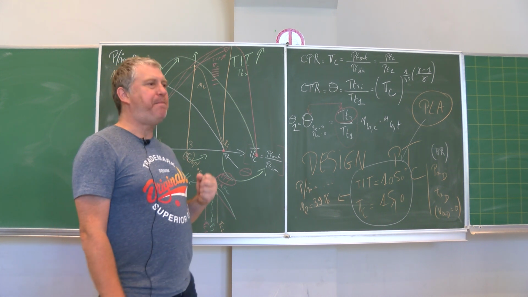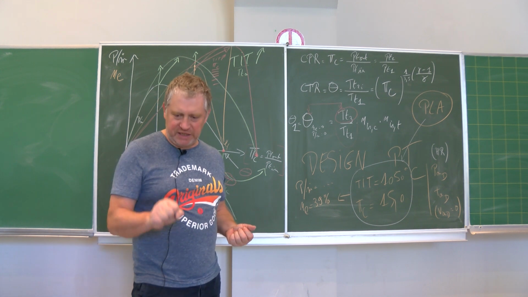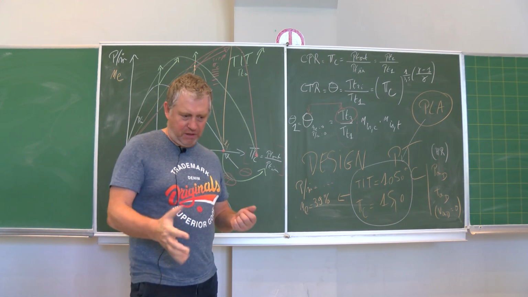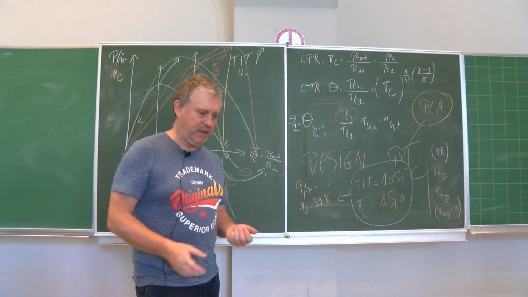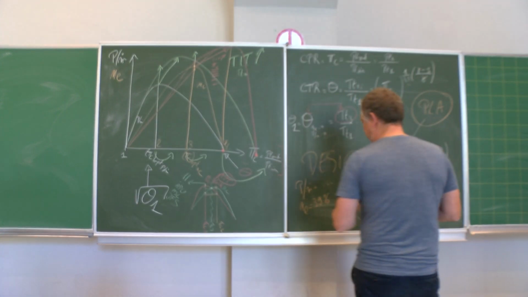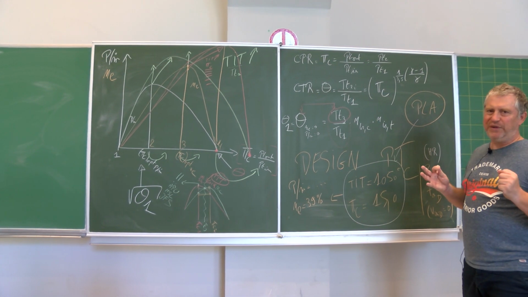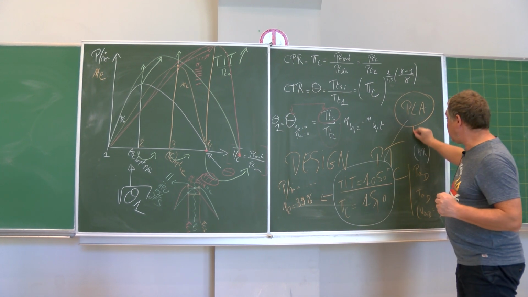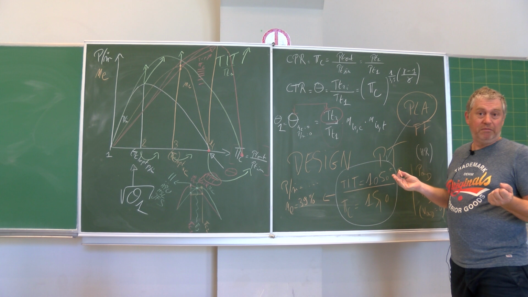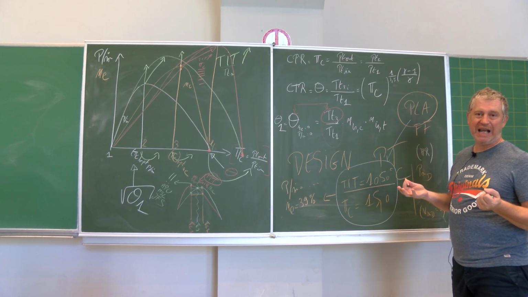Okay? And PLA is a physical parameter. This is the position, as in your car, of your foot on the gas pedal. In a gas turbine engine, it can be expressed in a lot of different ways. It can be the TIT. It can also be the fuel flow. The fuel flow is a way to express the position of the gas pedal.